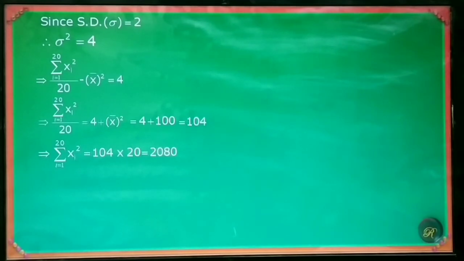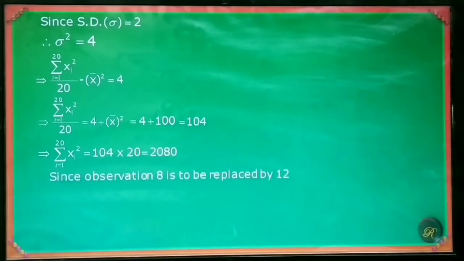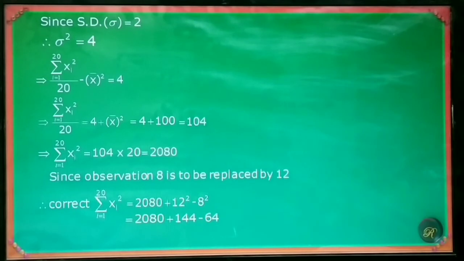Since observation 8 is replaced by 12, therefore correct sigma xi square, i is equal to 1 to 20, is equal to 2080 plus 12 square minus 8 square is equal to 2080 plus 144 minus 64 is equal to 2160.